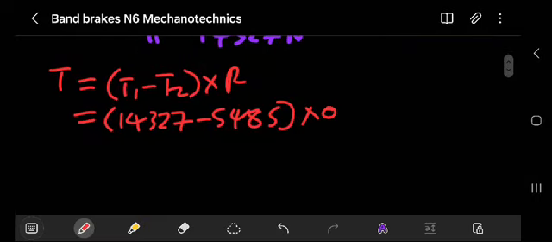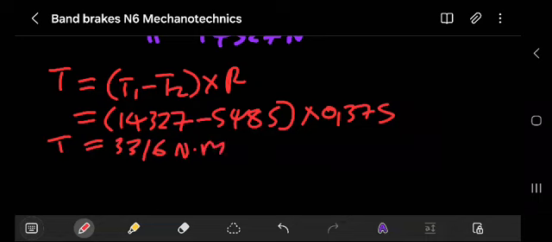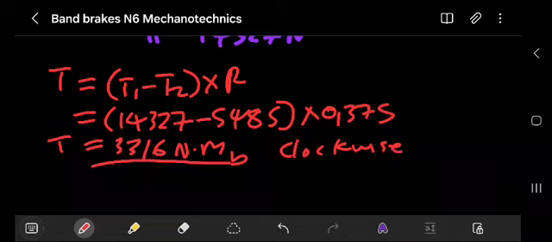Multiply this by 0.0375. Then the torque simply 3316 Newton meter.